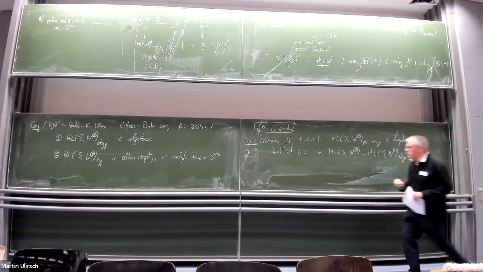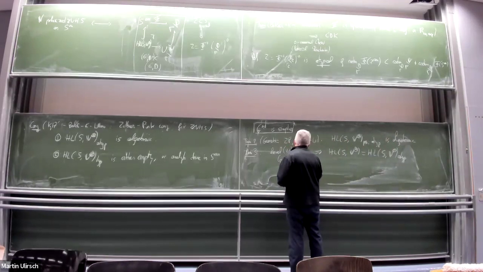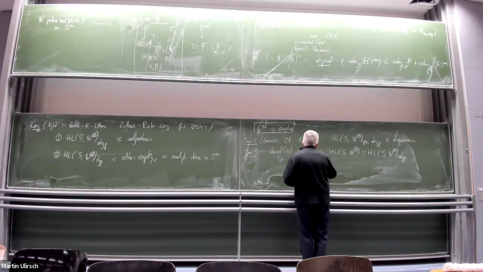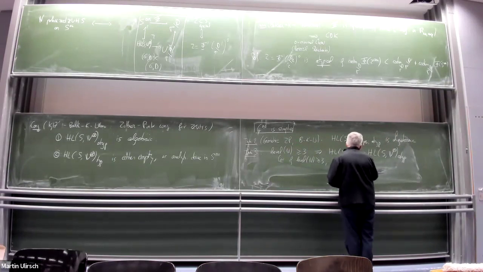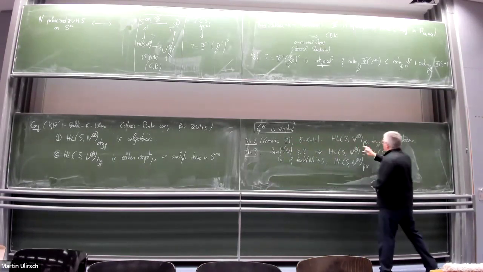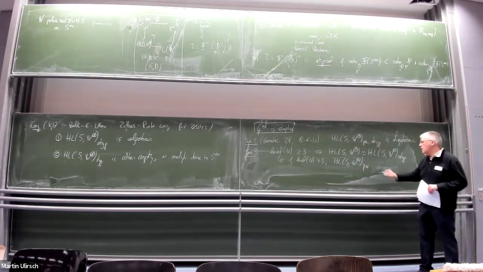In particular, the corollary of this is that if the level is larger than 3, then the Hodge locus of positive dimension is equal to the atypical locus.